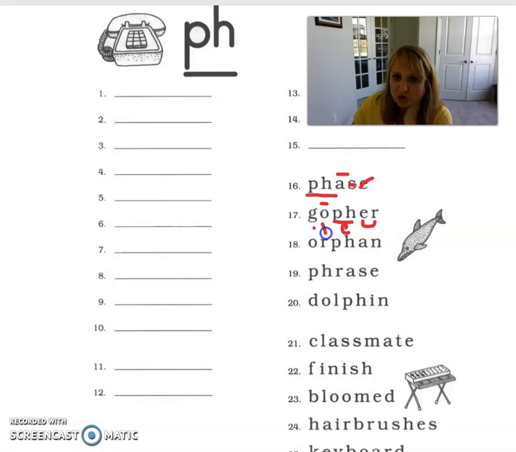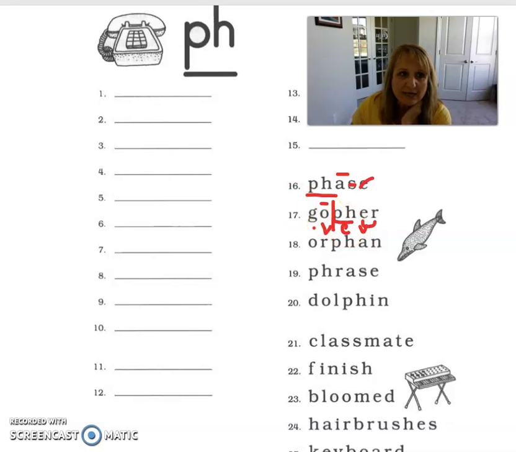So this is actually just a VCV word. And when we split our syllable, gopher, it's going to go right after our first vowel. When 2 consonants are together but they only make one sound, we don't ever split the consonant between them because they just count for one consonant.